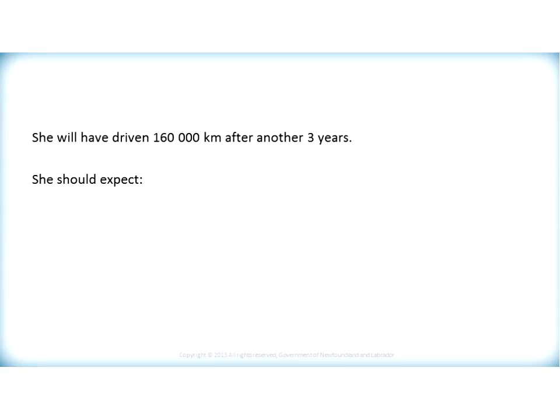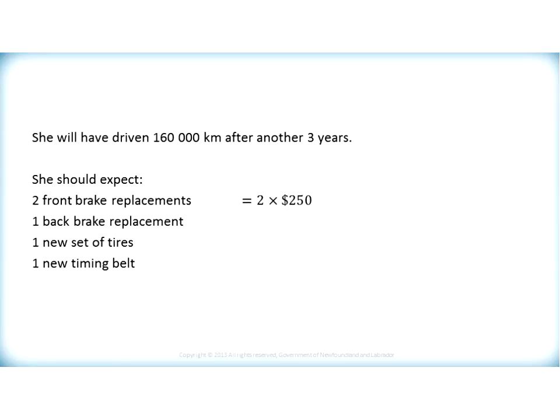So she should expect in this time that she will have driven the car herself for about 100,000, and the car will have gone through 160,000. That she should expect 2 front brake replacements, 1 back brake replacement, 1 new set of tires over this time, and 1 new timing belt.